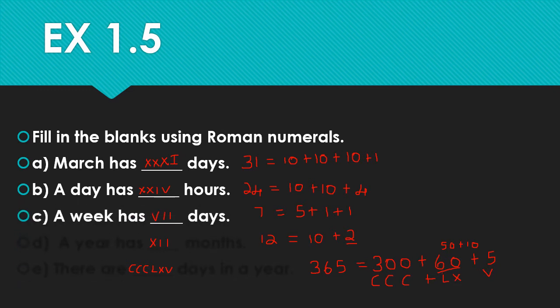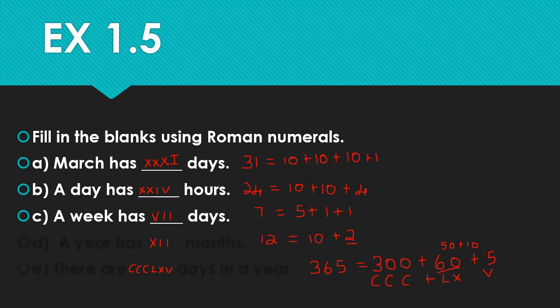Then next C, a week has dash days. A week has how many days? 7 days. So now how can you write this? We know the symbol for 5.